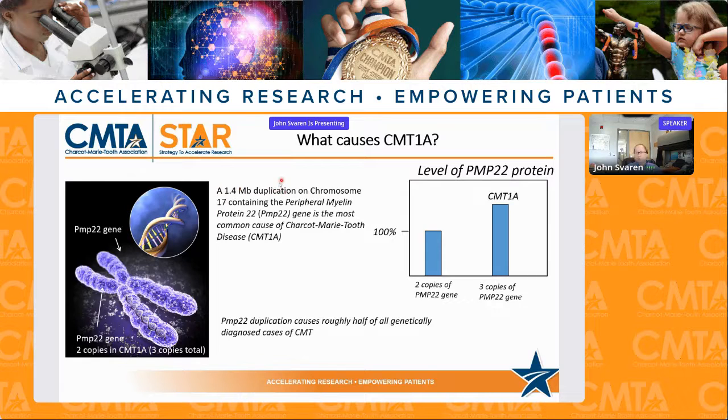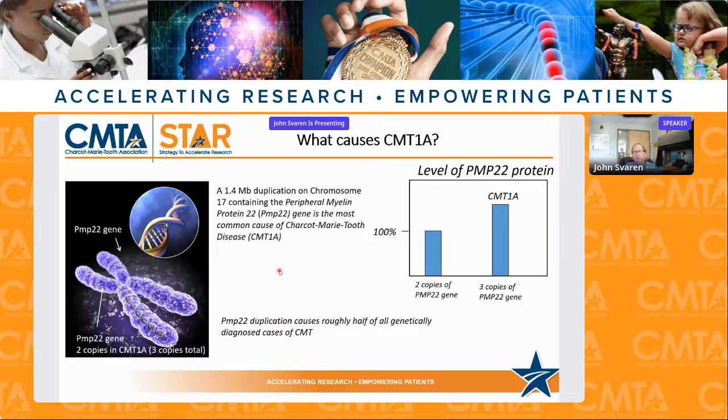This duplication event causes an extra copy of the gene known as peripheral myelin protein 22, or PMP22. This duplication turns out to be the most common cause of CMT, and it's classified as CMT1A. In fact, this cause of CMT accounts for roughly half of those that have a genetic diagnosis of CMT.